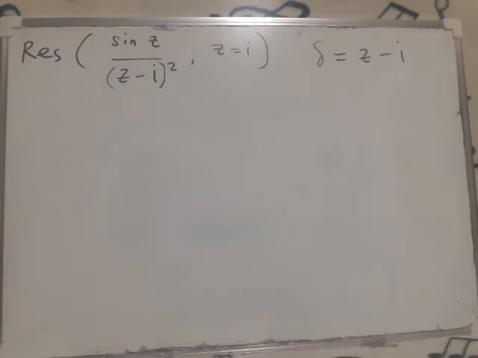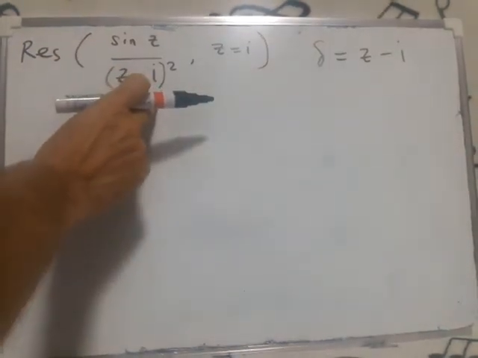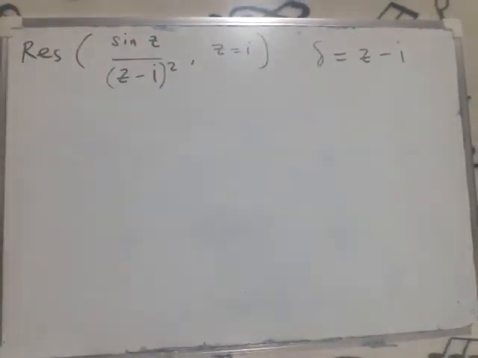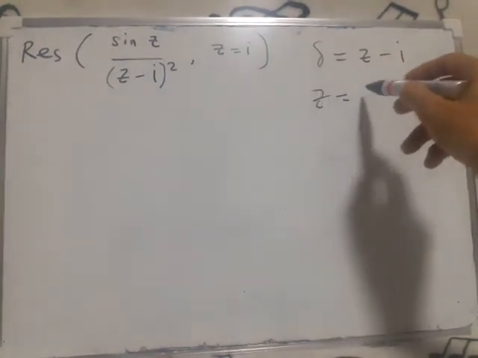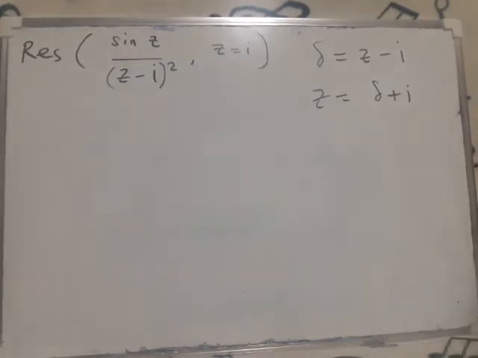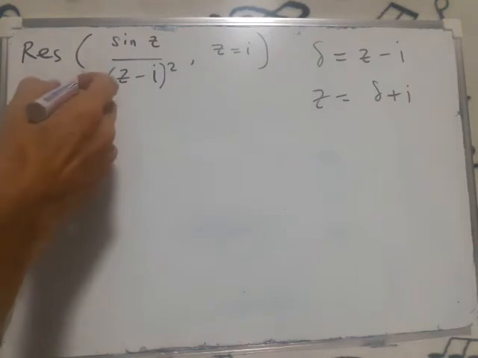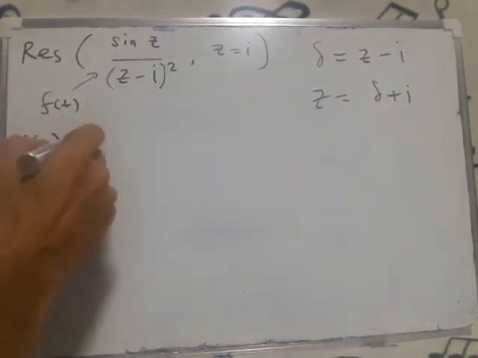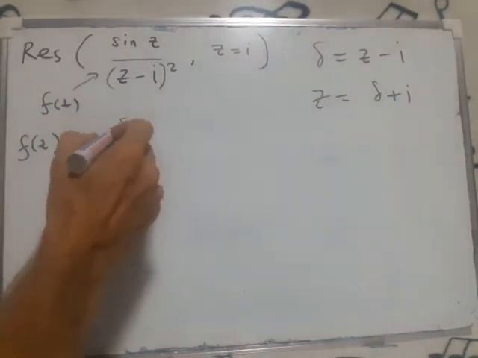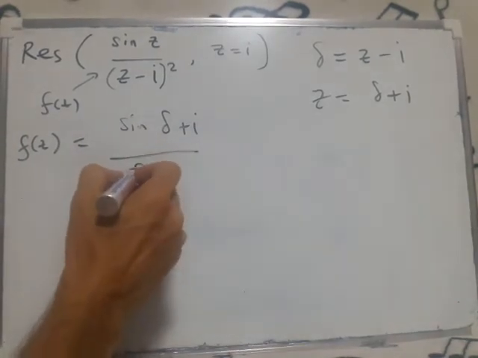The coefficient of 1 over delta is going to be the residue. So we've already got this as delta squared on the bottom. We need to rewrite z in terms of delta. So that means z is equal to delta plus i, and our function, let's just call this function f to save writing, f of z is going to be sine of delta plus i over delta squared.